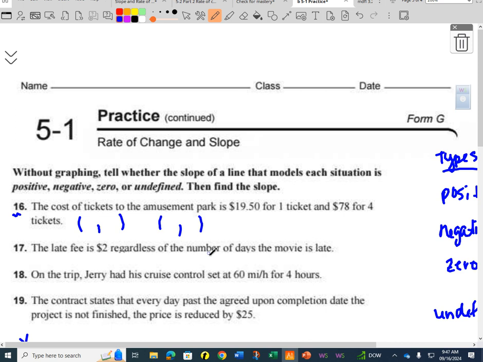So the number of tickets is your independent variable, and the cost is your dependent variable. So your independent variable is going to go in your X spot, and your dependent variable is going to go in your Y spot. One ticket costs $19.50. 4 tickets cost $78.